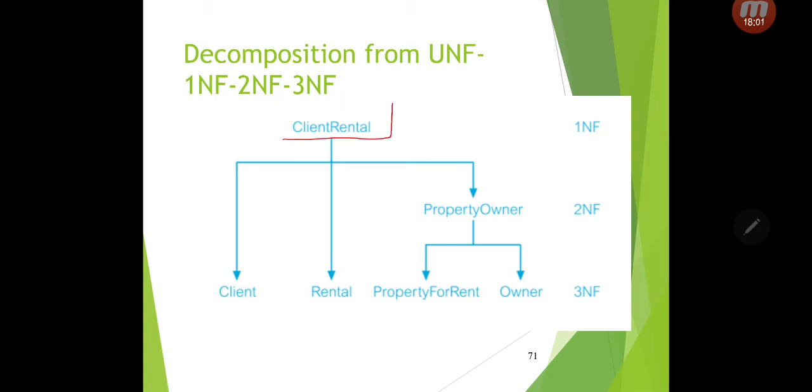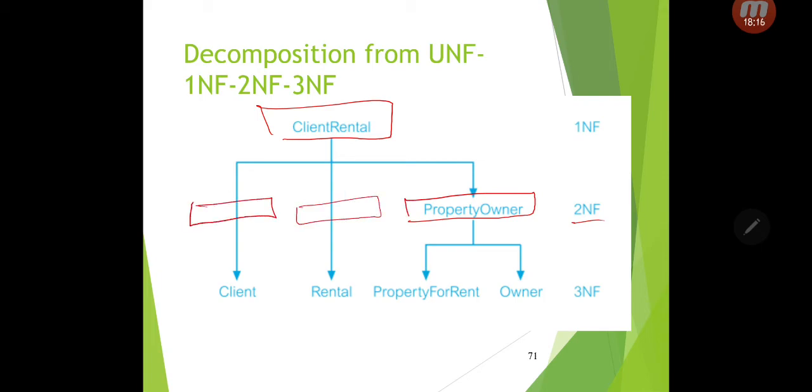First normalized form, you only have 1 table. And then from the second normalized form, you have 3 tables: client table, rental table, and property owner. This one is remove partial, and here you remove transitive.